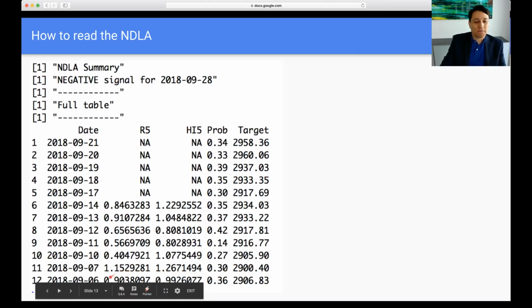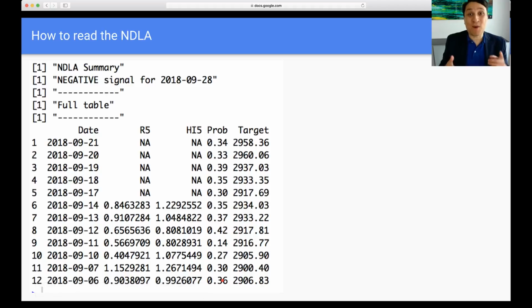So look, back from September 6th to September 14, for instance, we have had all negative signals. Negative signals, by the way, is any signal less than 0.5, because this is a probability between 0 and 100, or between 0 and 1 in mathematical terms.